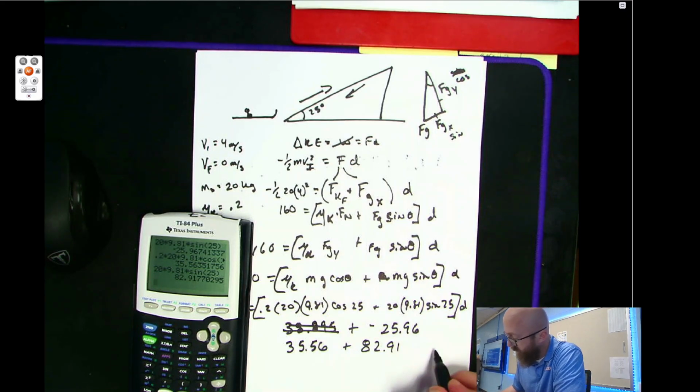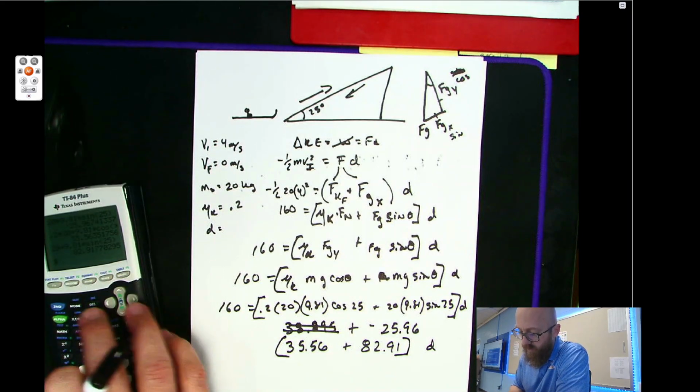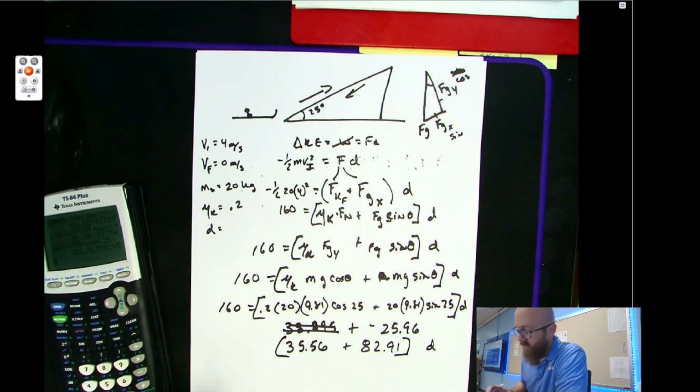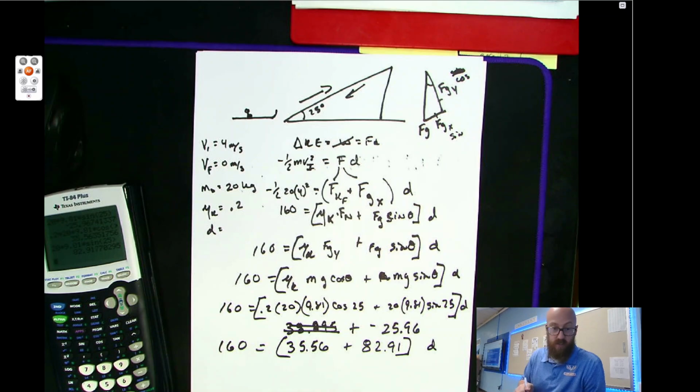Yes? Times distance. That looks a little high. Hopefully I haven't messed up more. For all of you smart people, hopefully you're looking at this going, wait a minute, he messed up there.